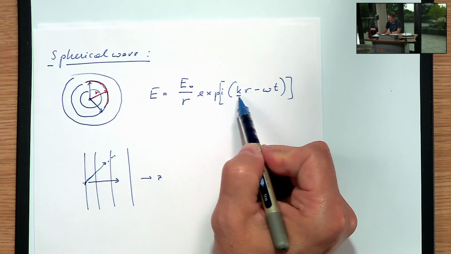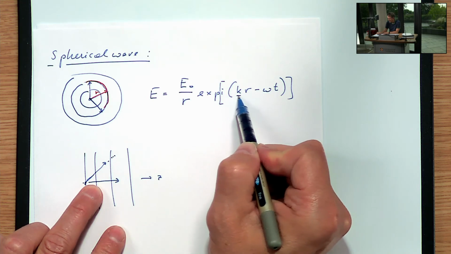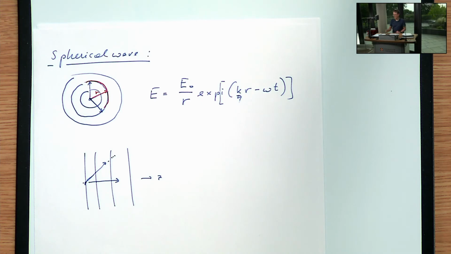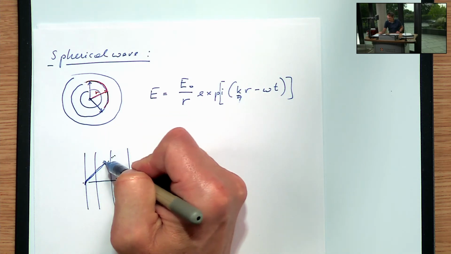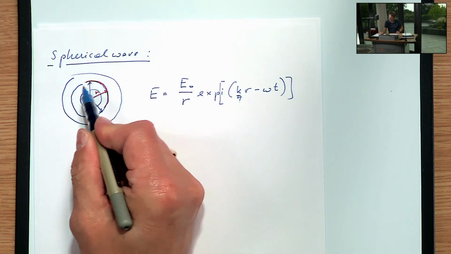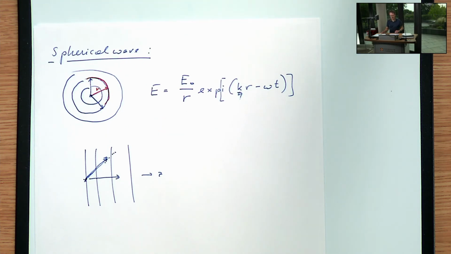Therefore it makes a big difference whether you write this as a scalar or as a dot product for the plane waves. That's the difference. Whereas here, for the same distance from the origin, you get the constant phase.